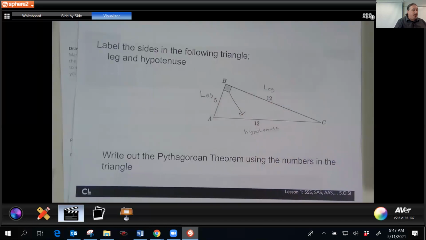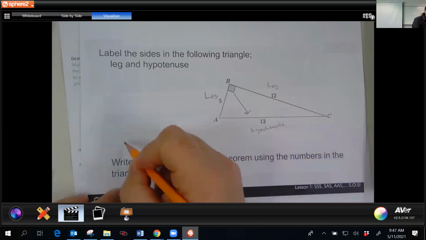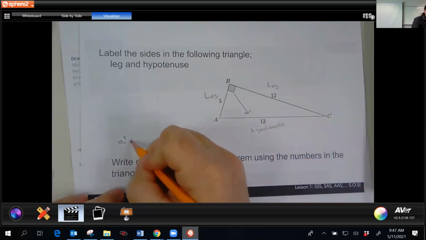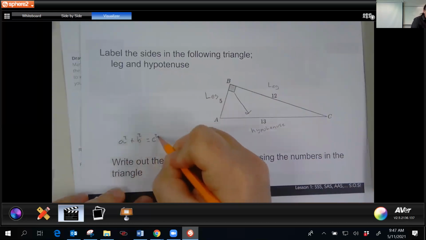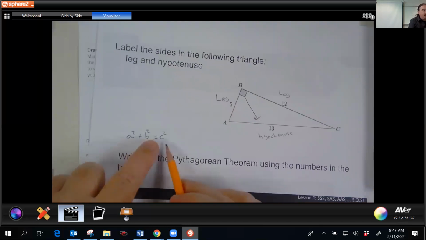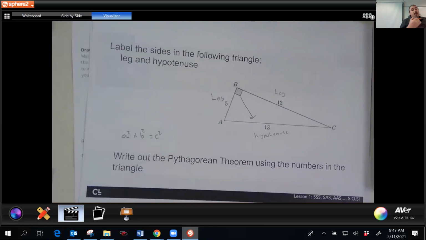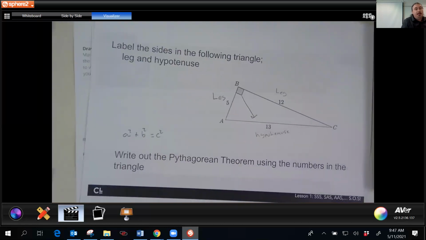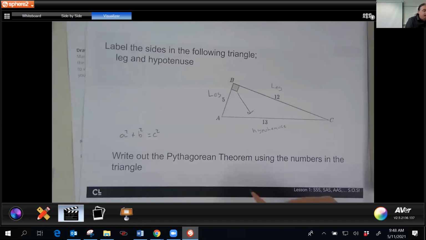That part is critical. The Pythagorean theorem states that if we take a leg and square it, take another leg and square it, it'll equal the hypotenuse squared. It doesn't matter if you mix up these two legs. It matters if you mix up the hypotenuse. So using the numbers in this example, how would you set it up?